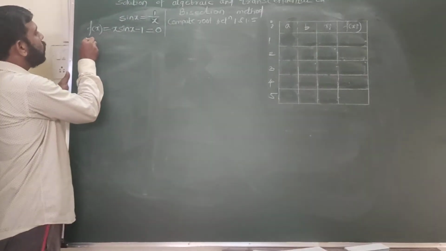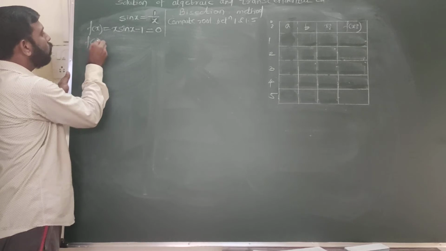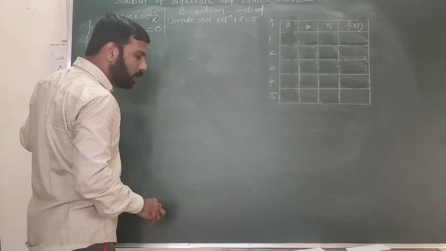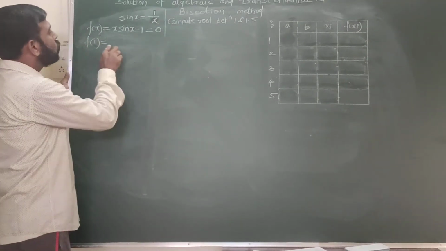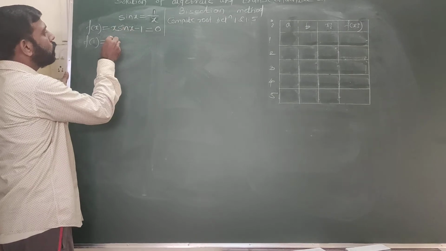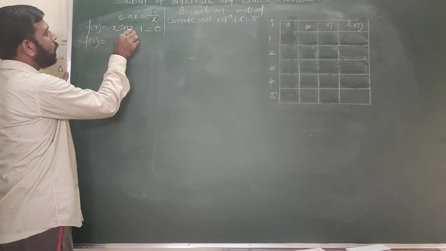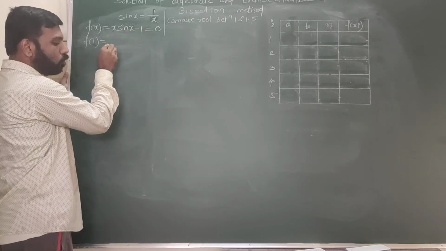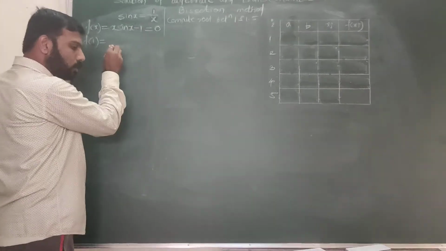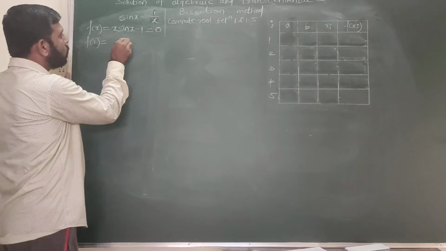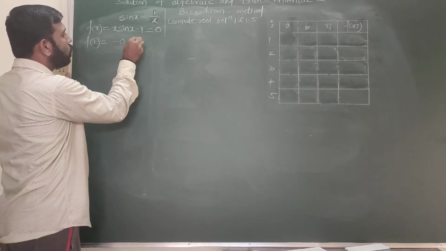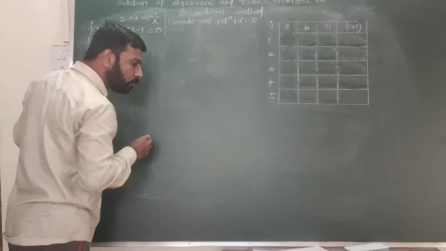Now we first calculate the f of 1 value. Substitute 1 in this equation, 1 into sin of 1 minus 1, so the output is minus 0.1584.